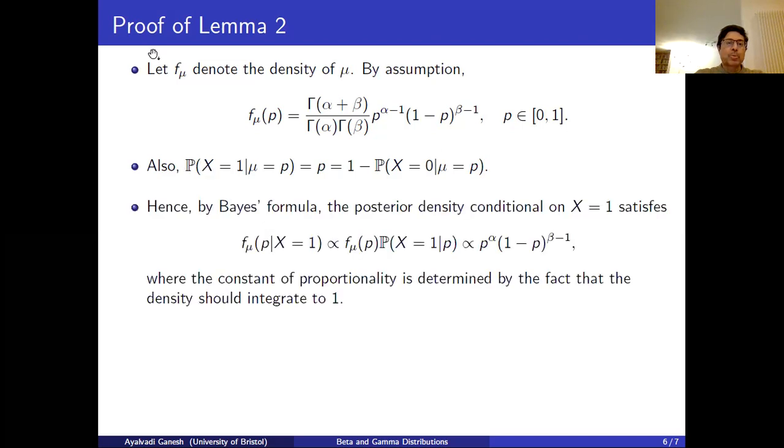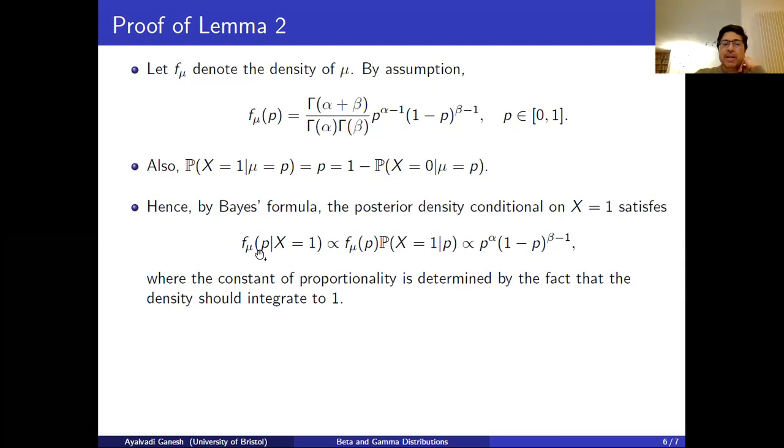Okay, what do we want to do? We want to calculate the posterior distribution for mu. And for that, we are going to use Bayes' formula. If you think of this as a probability, then the probability that mu takes the value p, you know how to apply Bayes' formula. You apply it in a very similar way for the density.